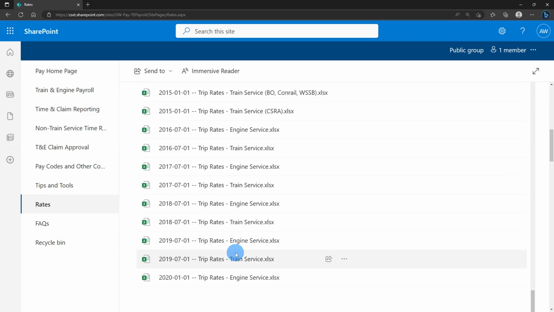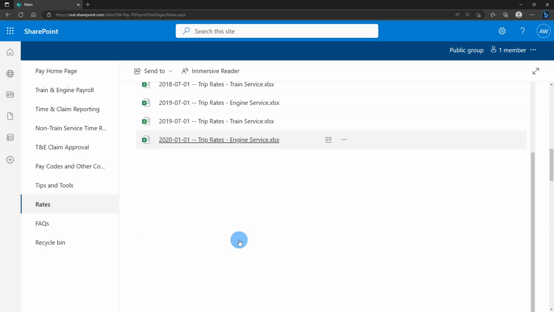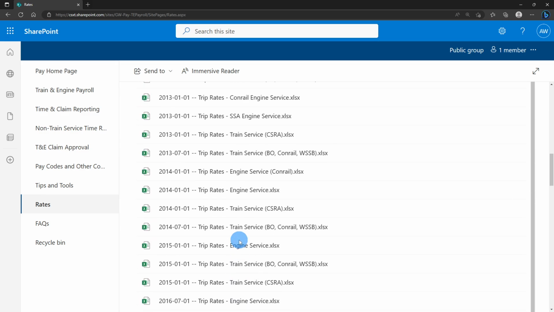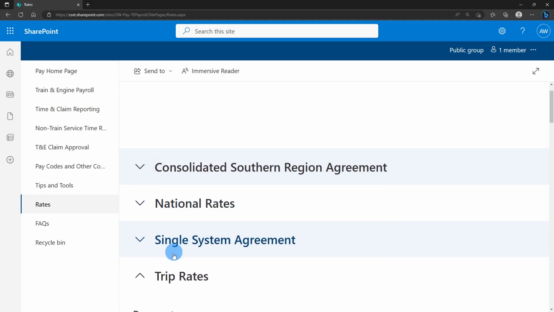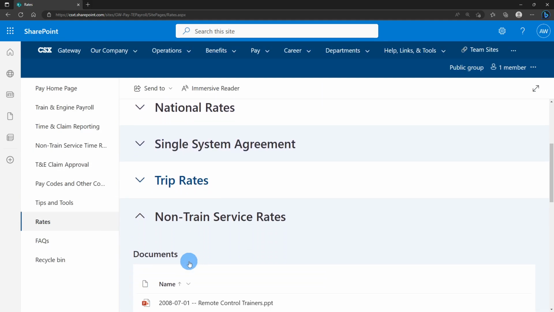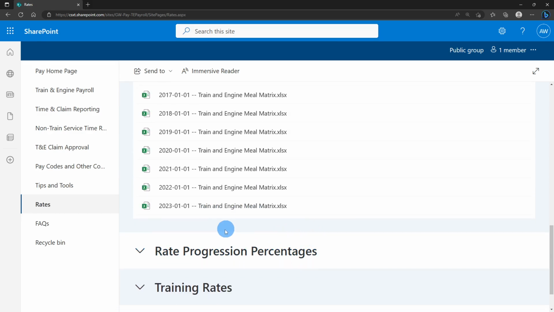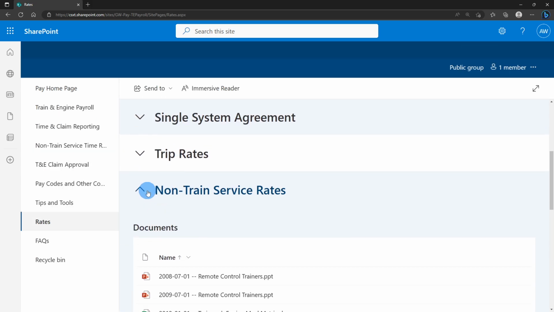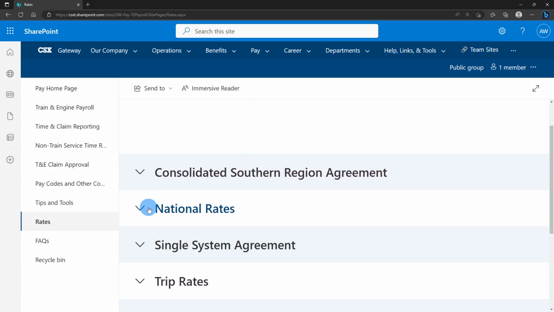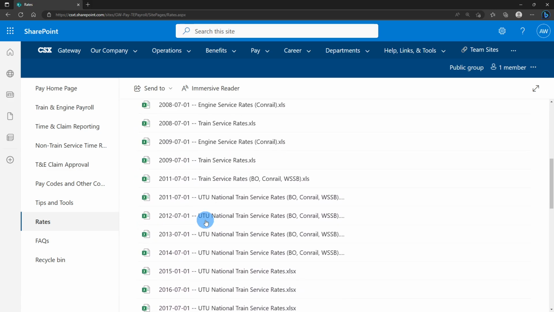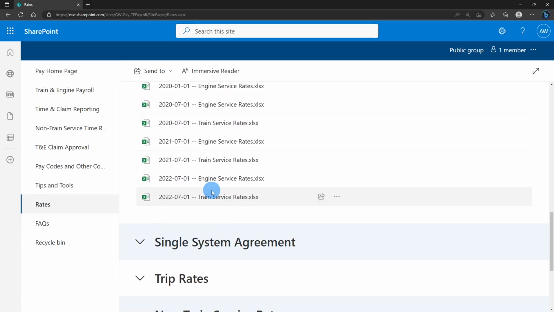Scroll to the bottom to find your current one. Non-train service rates such as meal matrix, national rates. Here's the engine and train service.